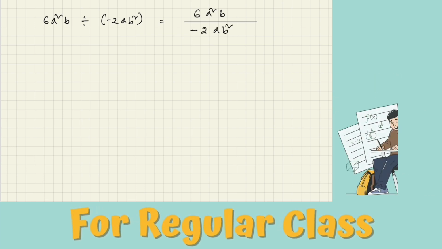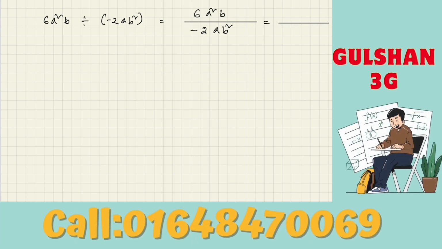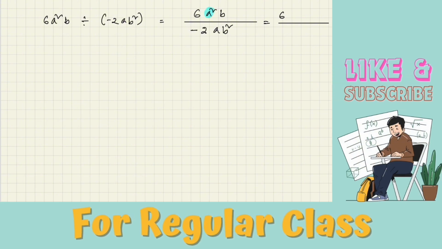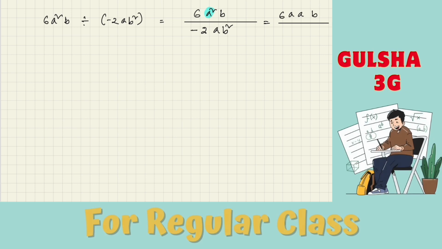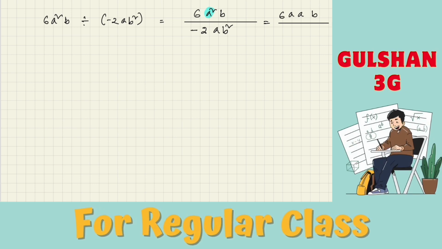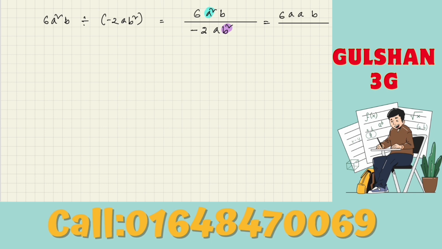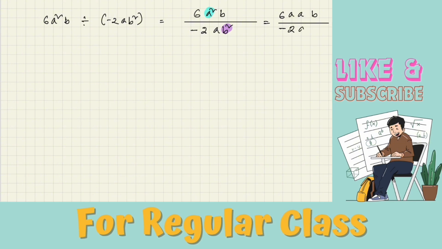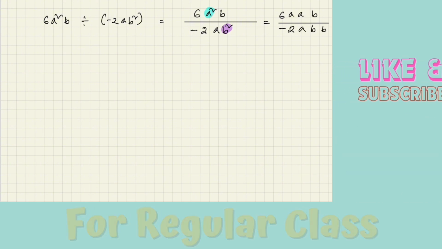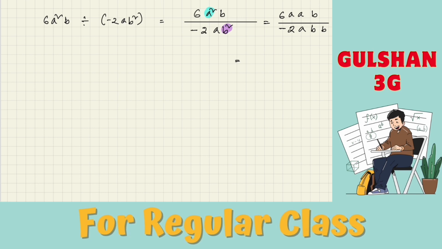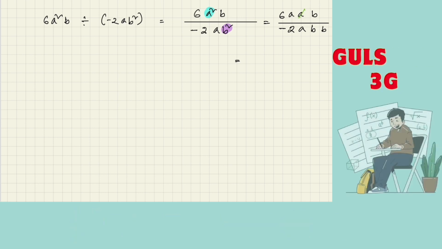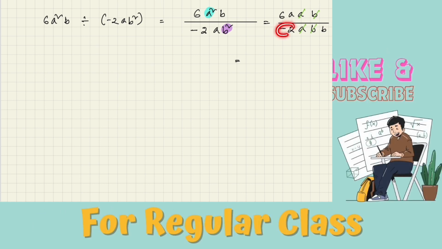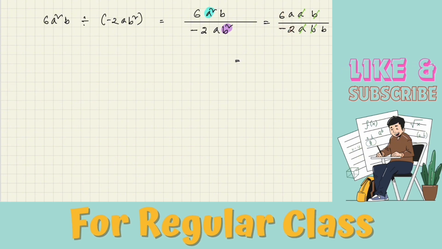If we break it down, a square means a times a and 1b. Similarly, b square means b times b, so it will be minus 2ab. Then if we cancel 1a and 1a, 1b and 1b, and cancel 2 with the 6, the result will be 3.